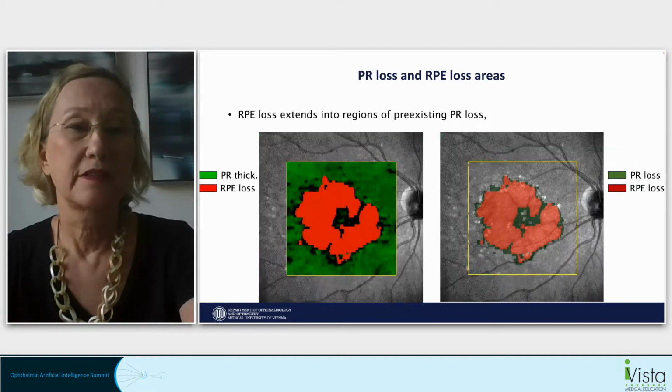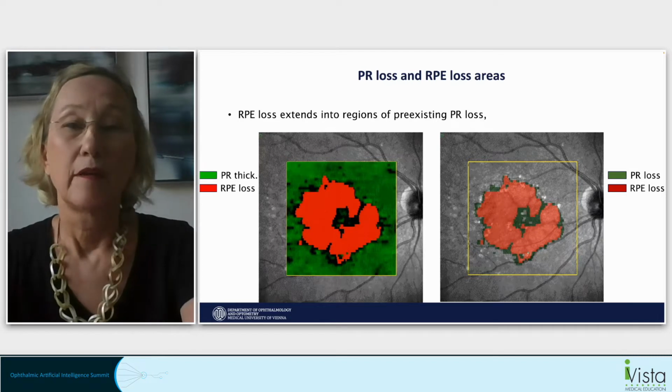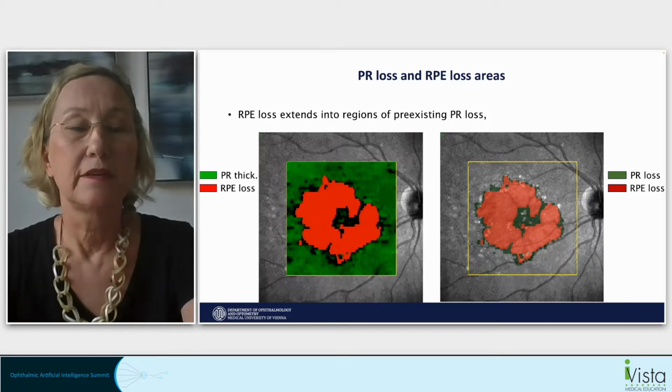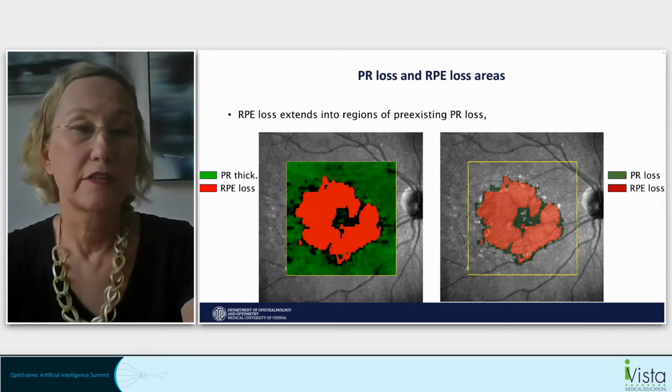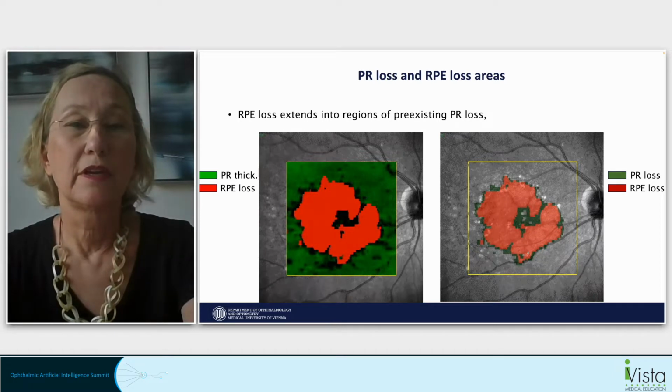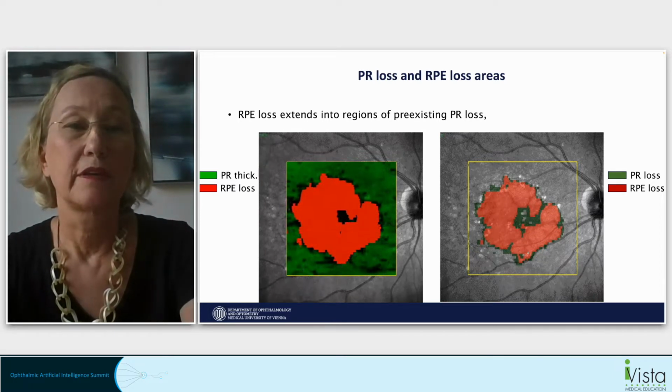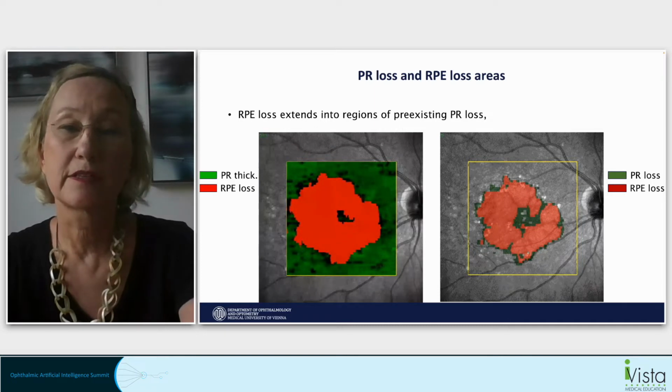So what does that look like now? Over time, you see that disease activity, which here refers to the RPE loss, which is shown in red on the left side, you can tell over time how the lesion expands.